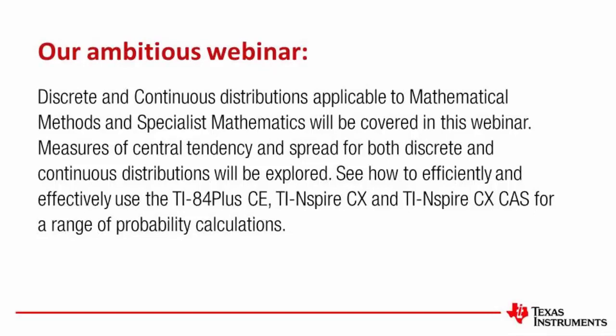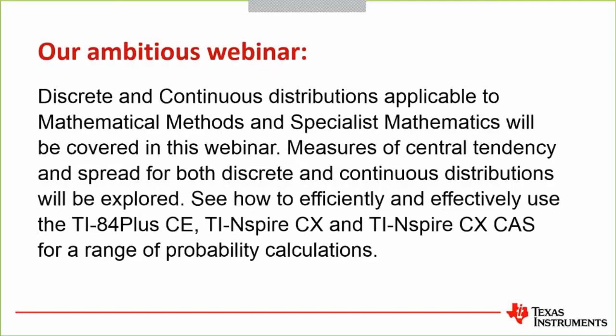You will have read from the webinar description that we're quite ambitious in what we're hoping to get through this evening. We've got discrete and continuous distributions, both maths methods and specialist maths, statistics of central tendency and spread, and three different calculator platforms.